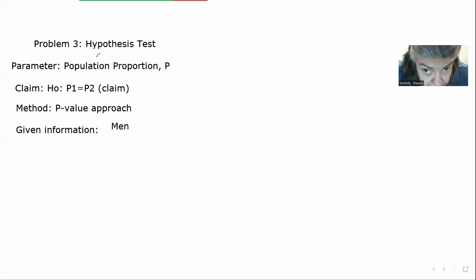So you're given information for the men here. We know that we have P hat is 83%. And now you see the reason for the exercise, and N is 100. Now remember, you don't have X, but you can get it.